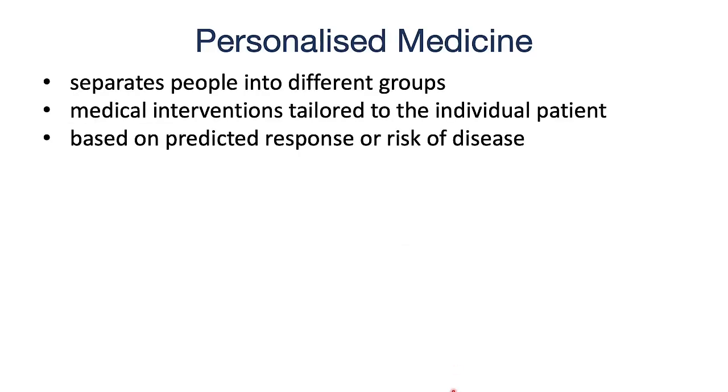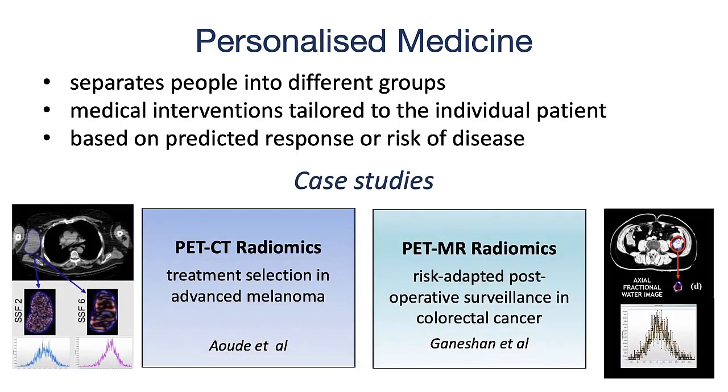Now, the other half of the title relates to personalised medicine. So what is that? Well, personalised medicine separates people into different groups such that the medical interventions are tailored to the individual patient. And this is based on the predicted response or the risk of disease. And I shall give two examples of studies that I have been involved in for radiomics.